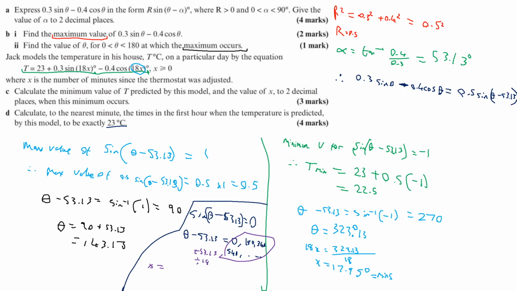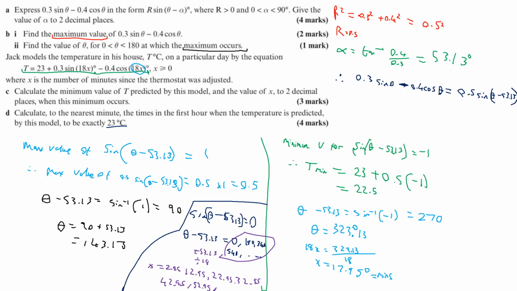So when we do that, we get answers of 2.95, 12.95, 22.95, 32.95, 42.95, 52.95, and 62.95, which we ignore because it's not in the range.